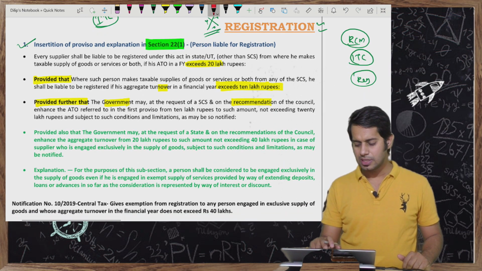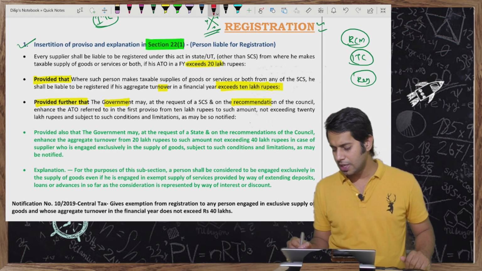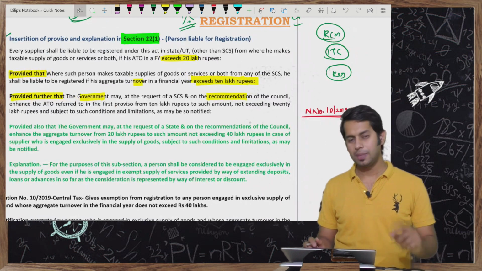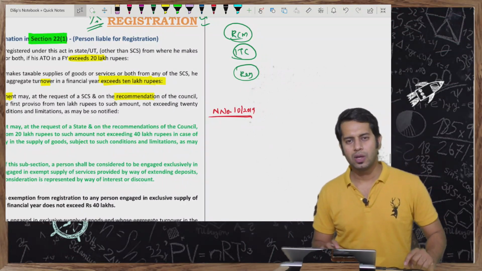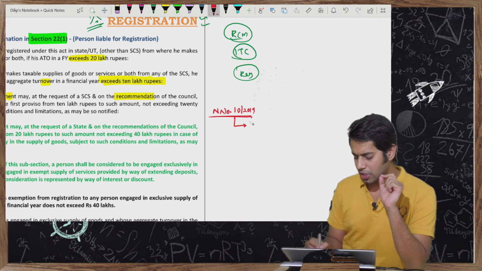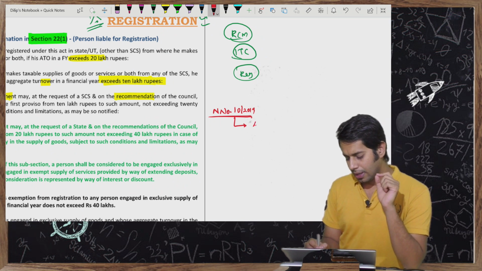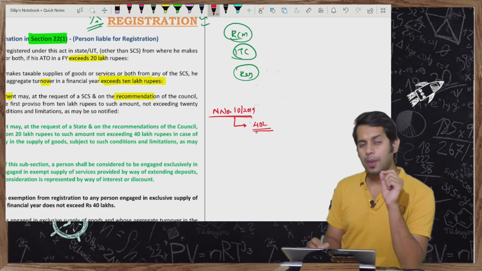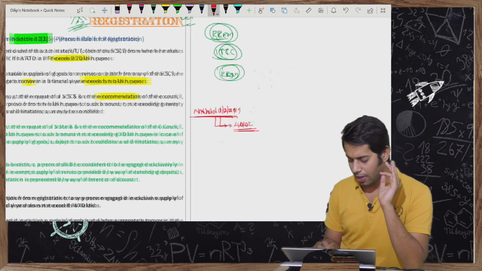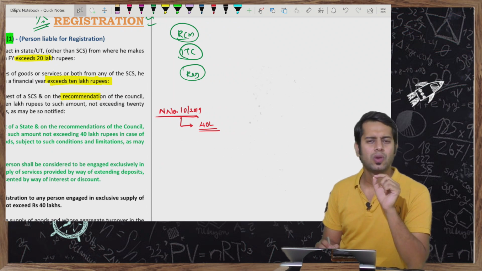Now, if you remember, we used to study notification number 10/2019. What does this notification speak about, sir? This notification makes the registration limit up to 40 lakhs for a few people. What was this notification telling?